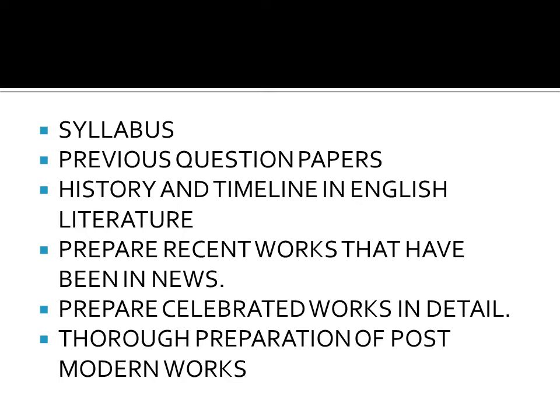The timeline of different authors, the literary history like Chaucer's age, Elizabethan age, Victorian age, like that, you need to have a very clear idea about the ages, main important authors in each age, their major works and their minor works, a little about their personal life also. You should have a clear awareness, and you should focus more on the postmodern works.